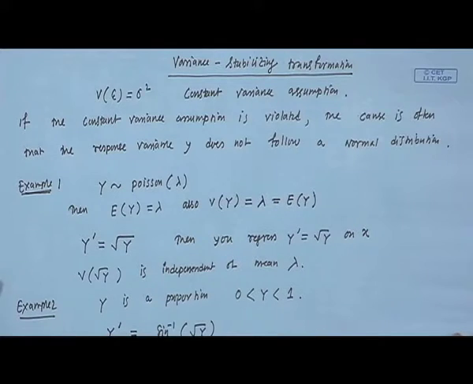It is not difficult to check that variance of y prime, which is equal to variance of square root of y, is constant. And similarly, if y is a proportion between 0 and 1, then we take the transformation y prime equal to sine inverse square root of y. Now, the question is how do you decide which transformation to take? Okay. So, in this variance stabilizing transformation, we will talk about how to decide on which transformation to take to make the variance constant.